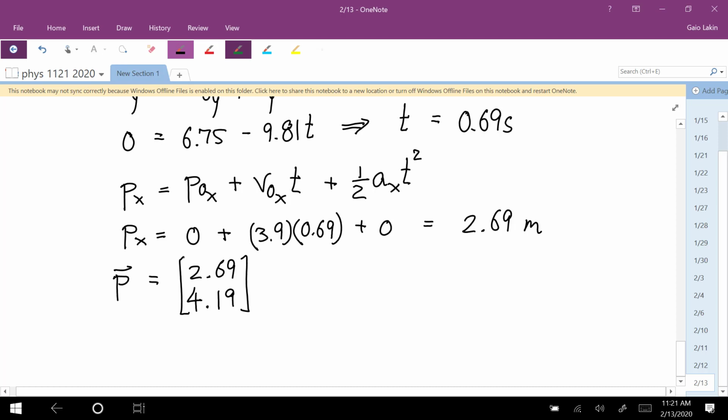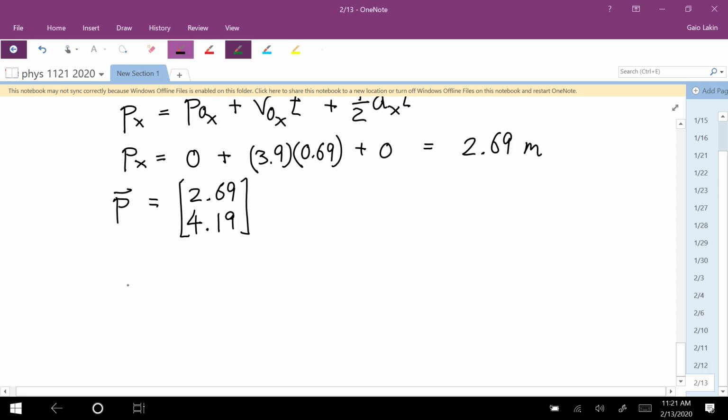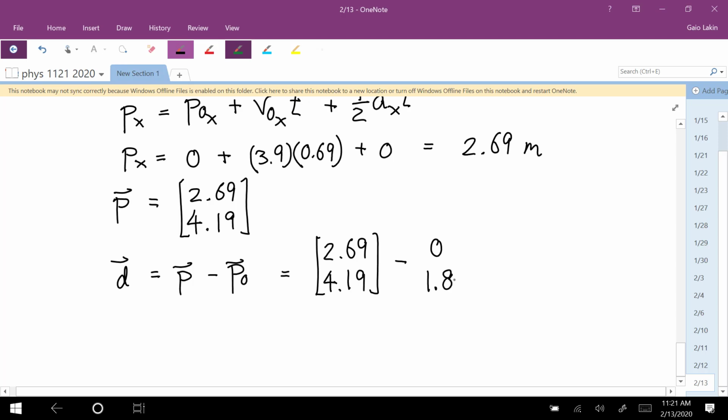It doesn't ask for that, it asks for the displacement, but the displacement is just the position at time t minus the position at time 0. So that's 2.69, 4.19 minus the initial position was 0, 1.87.